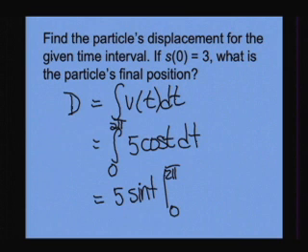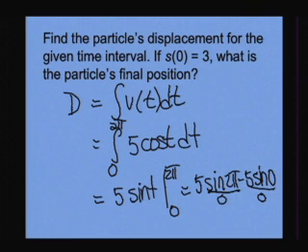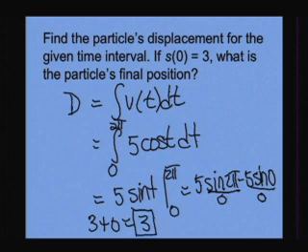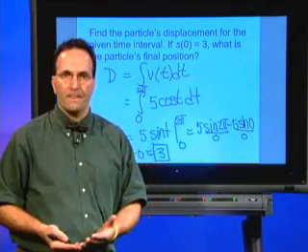And that will give us 5 sine 2 pi minus 5 sine of 0. And remember, the sine of 0 is 0. The sine of 2 pi is 0. So the displacement is actually 0 over that interval. Since it started at 3, 3 plus 0 is 3. So it actually finishes where it started.